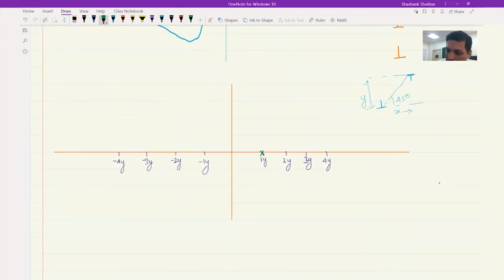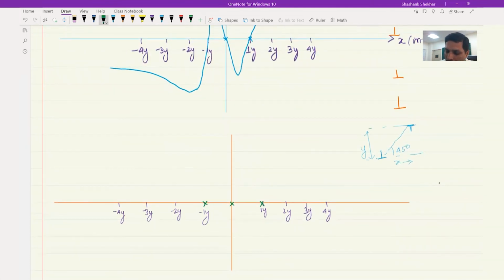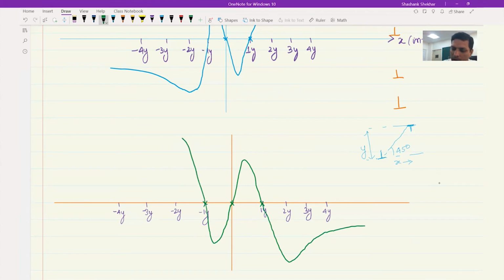So it will be 0 here, it will be 0 here, it will be 0 here. Only it will have maxima over here, and it will have a minima over here. And if you plot it further, you will have something like this, and something like this. Now let's look at the meaning of this.